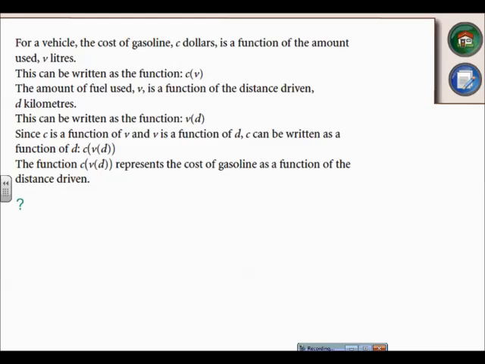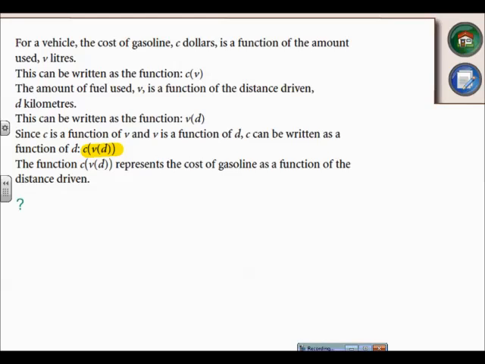We can write a function with that, where V is a function of D. Since C is a function of V, and V is a function of D, C can be written as a function of D. So it looks like this.